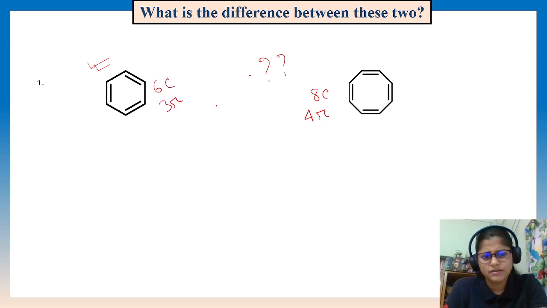So what? Both are cyclic, having pi bonds, and all the atoms are carbon and hydrogen only. So what can be the difference in their chemical properties?